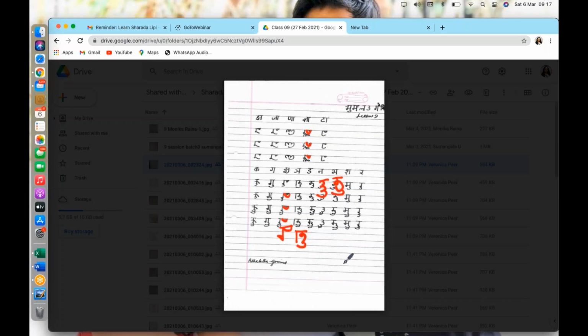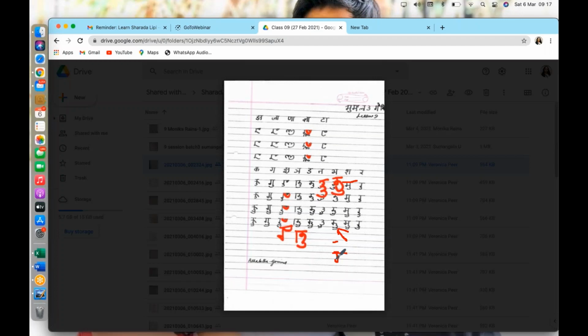Again in bu, you have to first complete the letter shown here. In the original assignment, if you notice, the letter is finished way too early, and then a matra is drawn, whereas that is not the correct way.